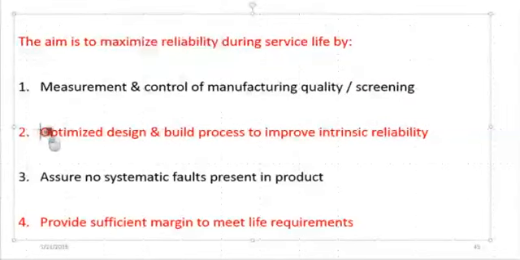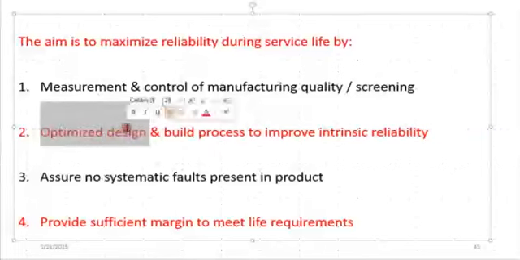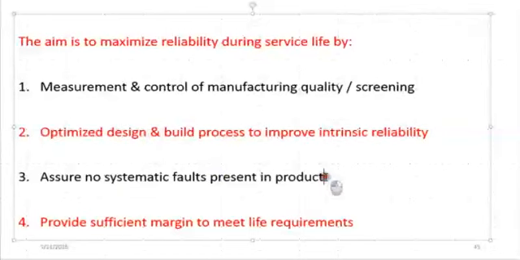The next thing is to optimize your design. By optimization means to increase the level of certain thing and reduce some things in order to meet at a midpoint so that they will have a better performance. Build the process to improve the intrinsic, that is the internal reliability of your device, and also assure no systematic fault present in your products.